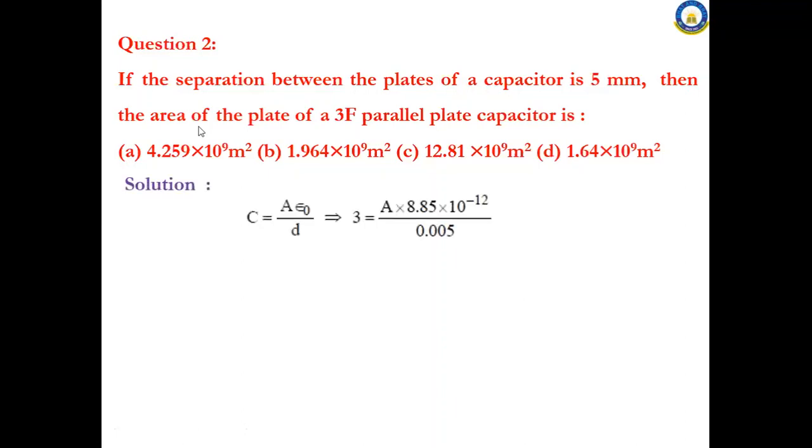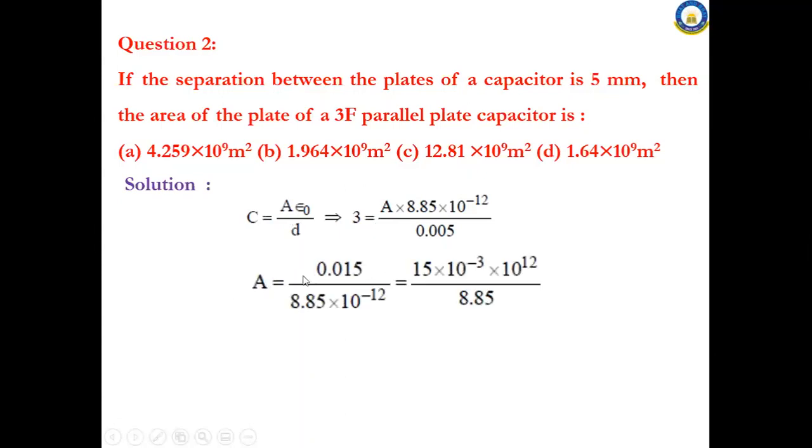So the formula C equal to A epsilon naught by D. Here A is unknown, so you can substitute like this and rearrange. So A equal to 3 into 0.005, that is 0.015, by epsilon naught, which is a constant, all of you know, 8.85 into 10 raised to minus 12. Okay, so these are the calculations you have to do. 0.015, you can take it as 15 into 10 power minus 3, and this 10 power minus 12 will become plus 12, by 8.85.